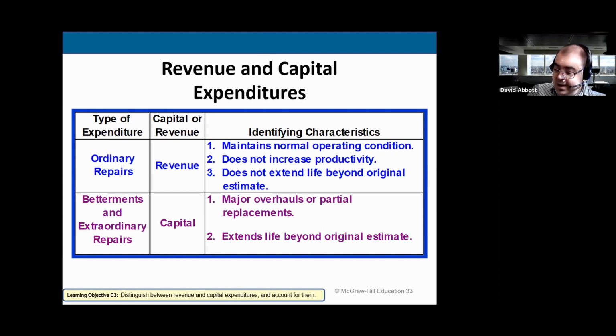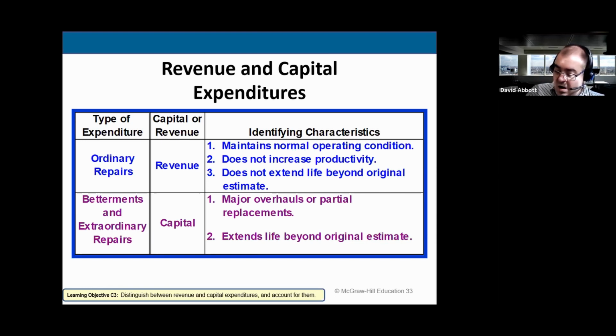One special type of betterment is called an addition, such as adding a new dock to a warehouse. Because a betterment benefits future periods, it is debited to the asset account as a capital expenditure. The new book value less salvage value is then depreciated over the asset's remaining useful life.